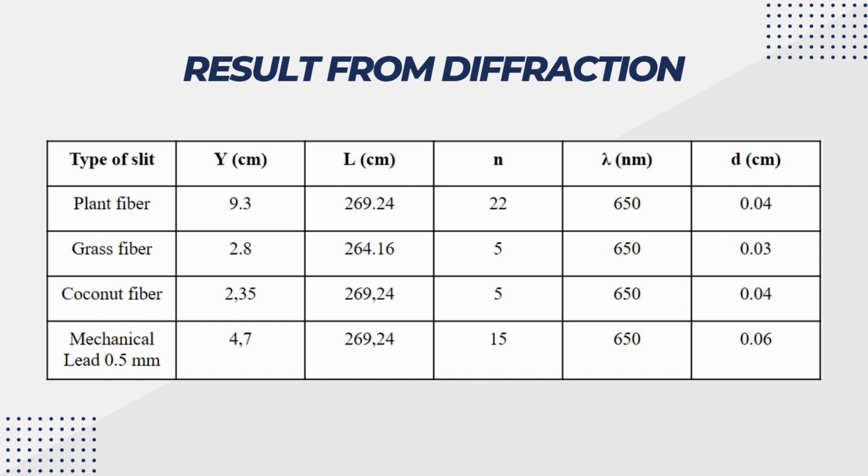And the next is the resulting data. This is the result from the diffraction experiment. I'm not going to mention every entry to optimize the duration, but I'm going to explain what each column means. y is the distance from the center to the nth order, L is the distance from the slit to the screen, and n is the selected order of the diffraction pattern.